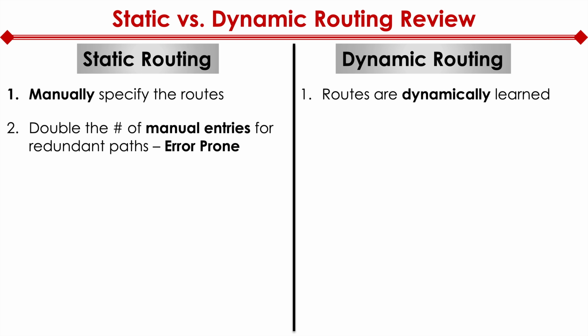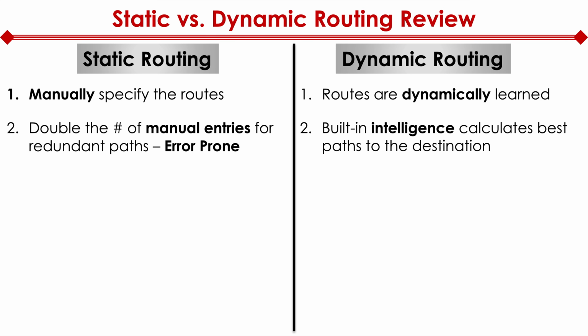And because we have to specify, it's at least double the number of entries, but if you have more than 2 redundant paths, then most likely you're going to have to enter even more entries into your routing table by hand. That makes the process very error prone, because human beings, we make mistakes. And in static routing, you best believe that if you have nothing but static routing configured everywhere, you're going to end up making a ton of mistakes.